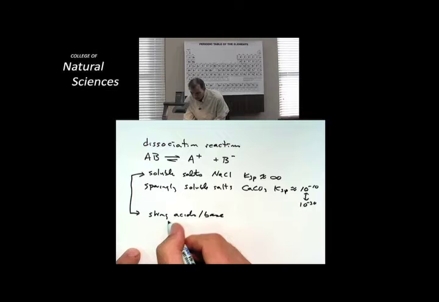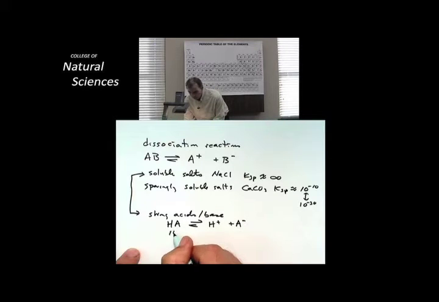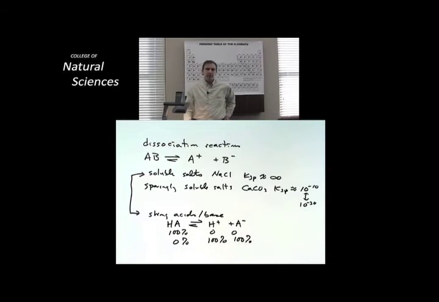Why? Because a strong acid or base, when thrown into water, is going to go from 100% of the HA to, at equilibrium, none of the HA and 100% of the proton and its conjugate base.